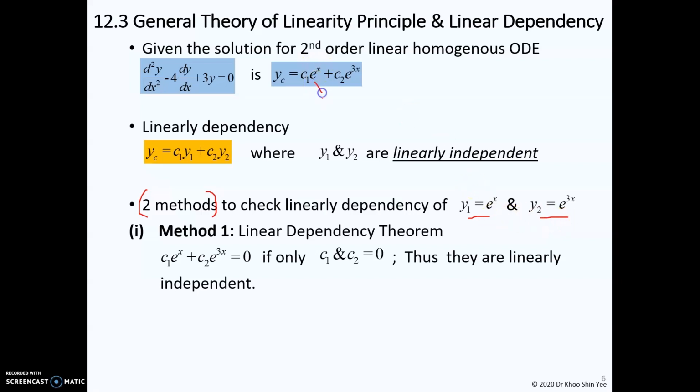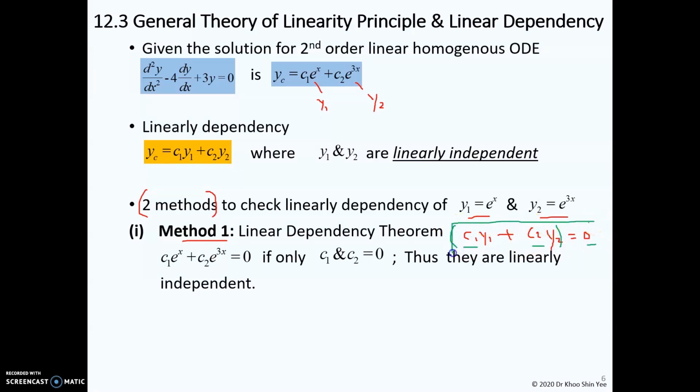In this case, your y1 is equal to exponential x and your y2 is equal to exponential 3x. We want to check whether these 2 solutions are linearly independent or not. We can use the first method, which is the linear dependency theorem, where you have c1y1 plus c2y2 equal to 0. You need to figure out the values of c1 and c2 to make this equation equal to 0.